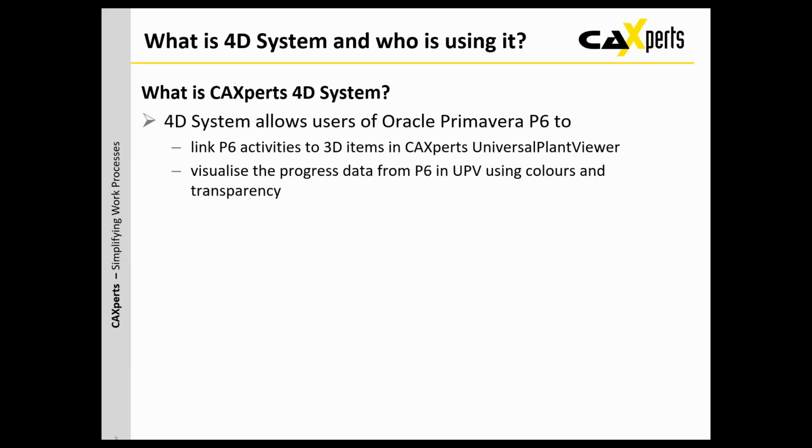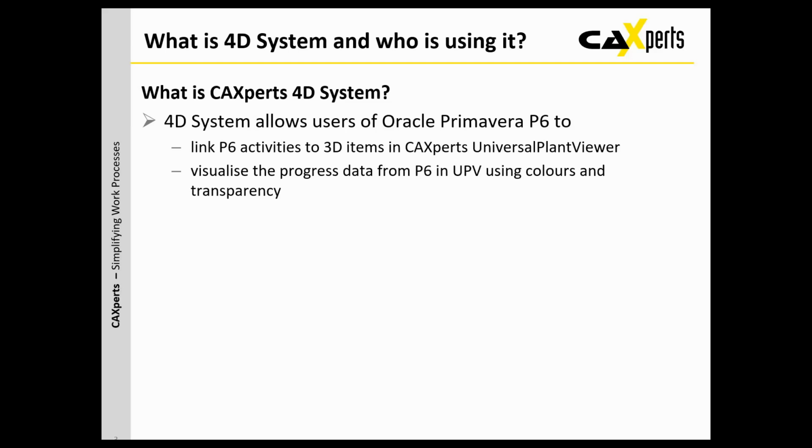So let's start with the question, what is 4D system and who is using it? The 4D system is a tool that allows you to connect P6 activities to UPV items. And it allows also to visualize progress data from P6 in UniversalPlantViewer.